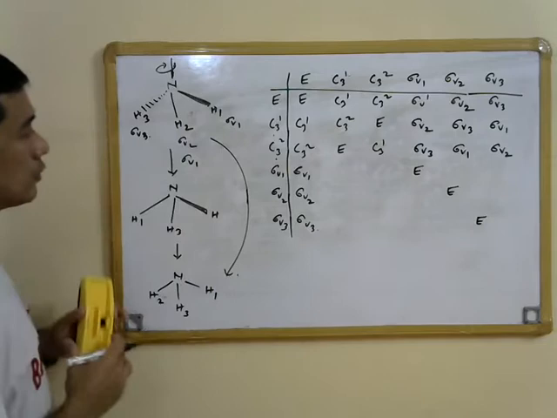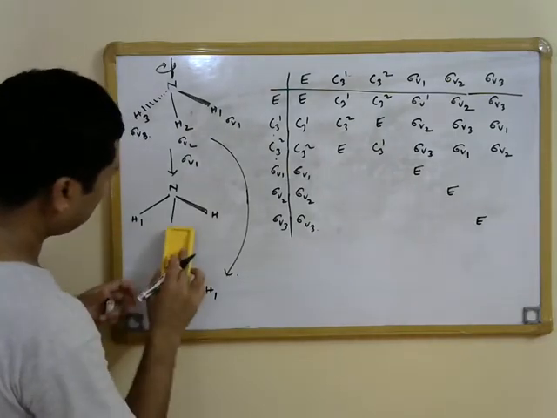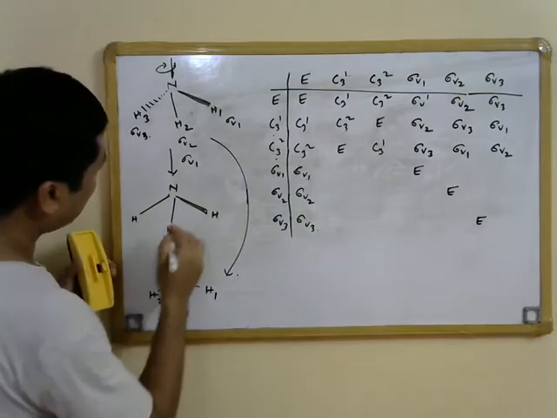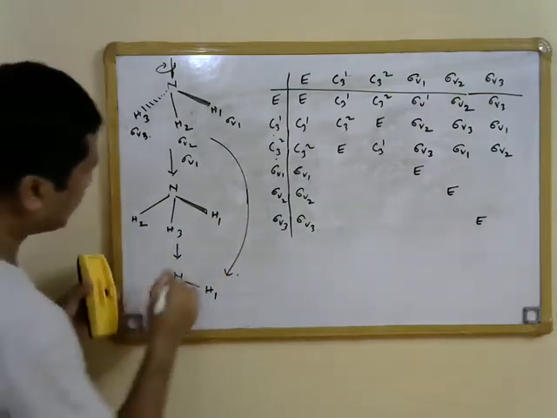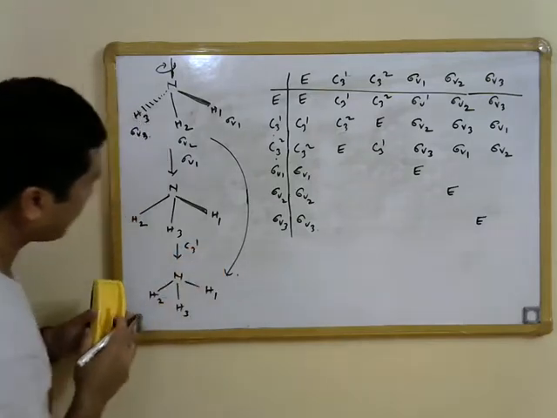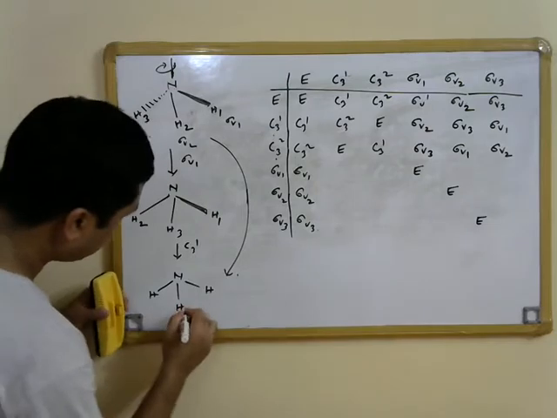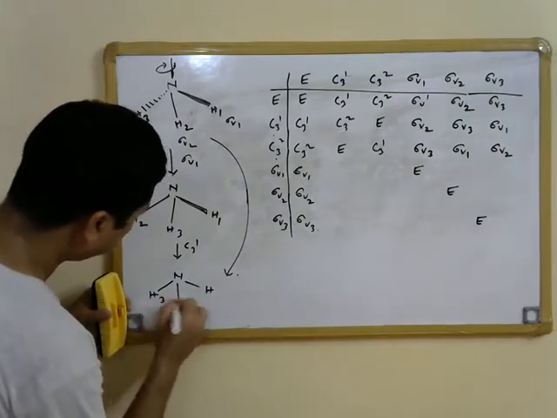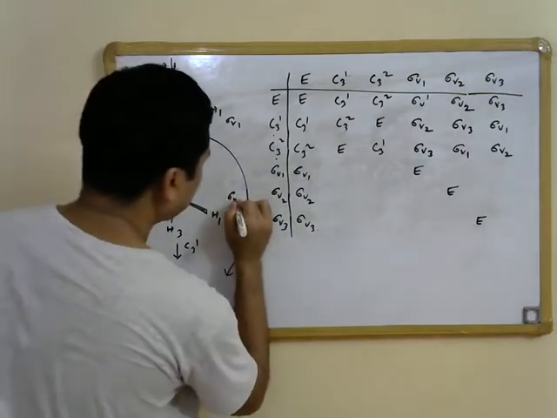So sigma V1, if we do first, then this is 3, and this is 2, and this is 1. And then if we do C31, this is 1, this is 3, and this is 2. So this is sigma V3.